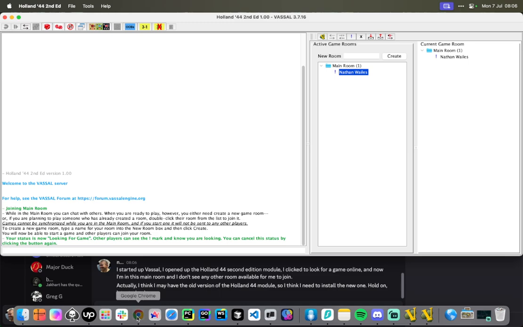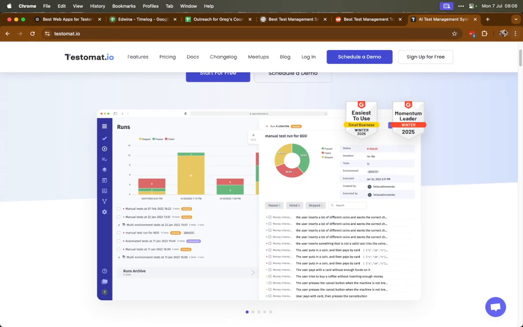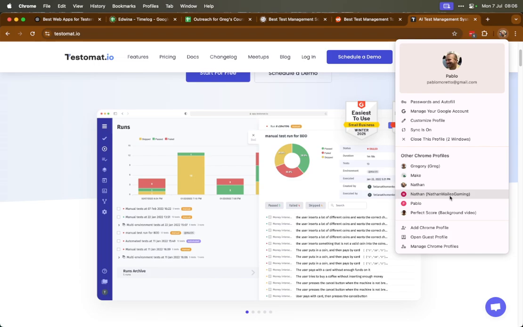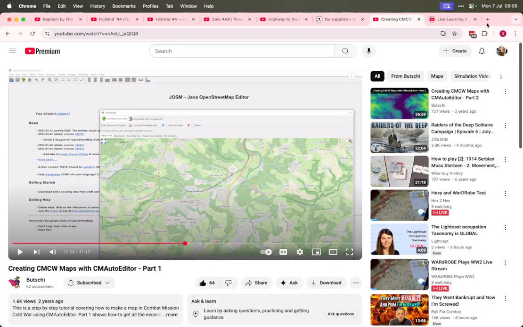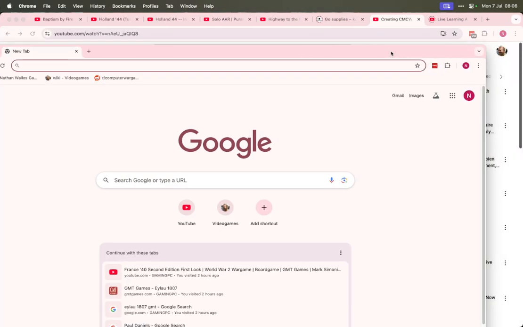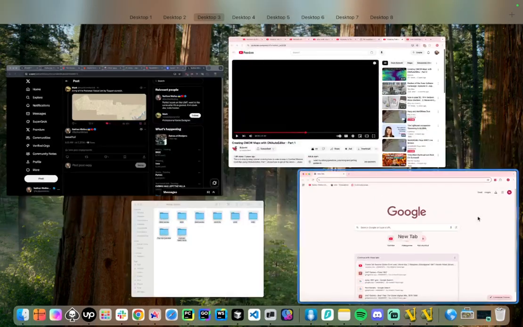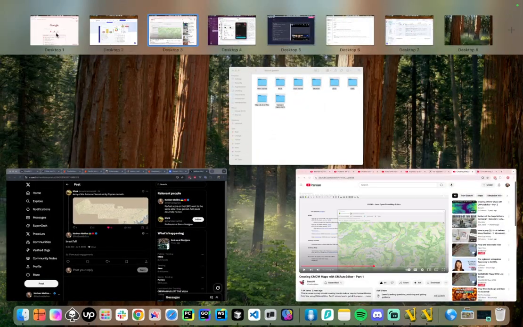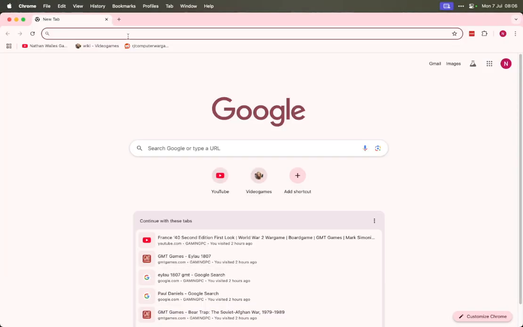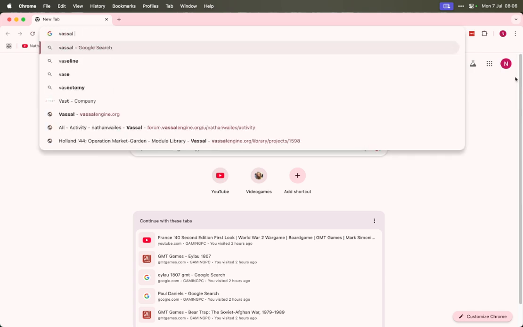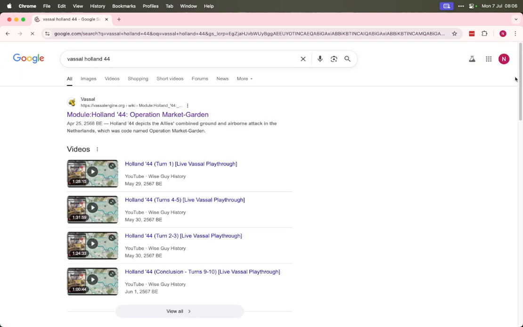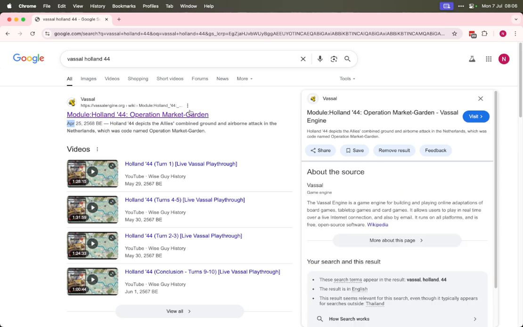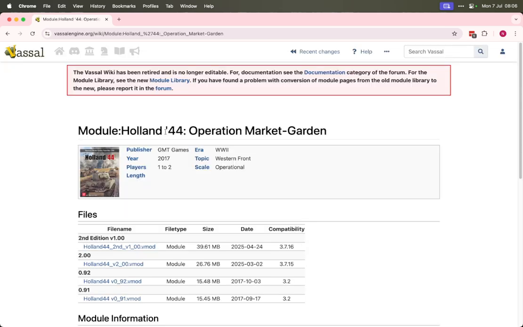Okay. And we're going to do Vassal, Holland 44. Second edition version 1.0.